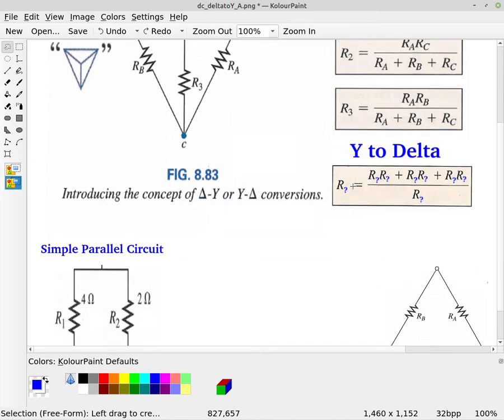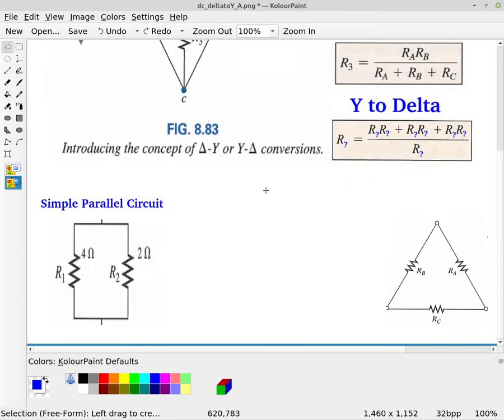Alright, so to start with, let's take a look at a simple parallel circuit. We have R1 in parallel with R2.